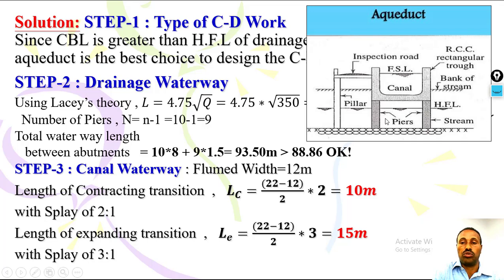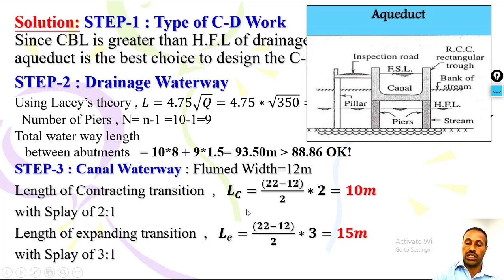This is an aqueduct. You have piers. Then you have spans, which is 8 meter width, 10 times 8, already calculated here. So the stream is going below the canal. So the canal is above the drainage, and you have flood discharge below. So this is just the roadway, an inspection road on the side.